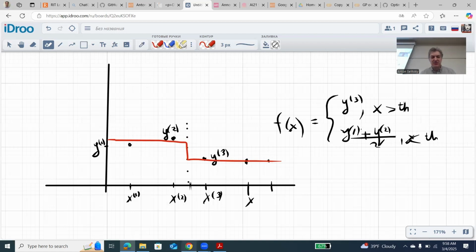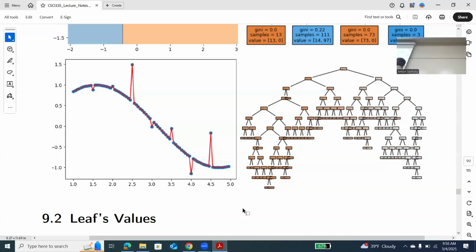Now let's go back to the scikit-learn example. If we build more thresholds, like here we have much more than 3 points. Sometimes in a leaf we can have just 1 point, so that's why we have these outliers.